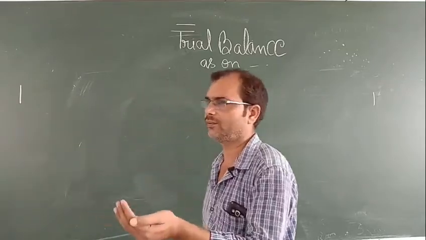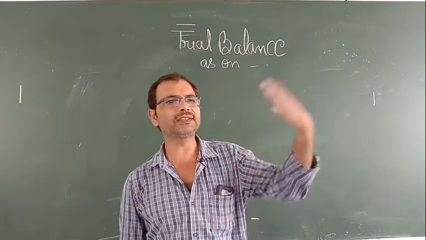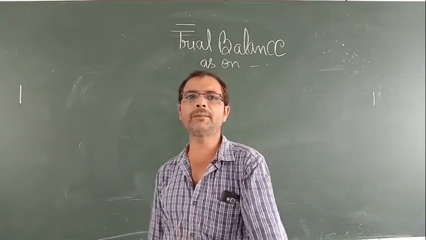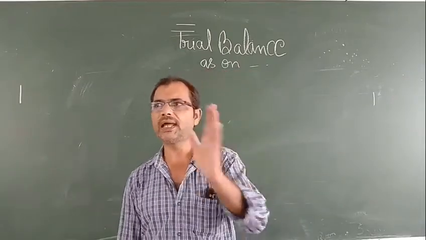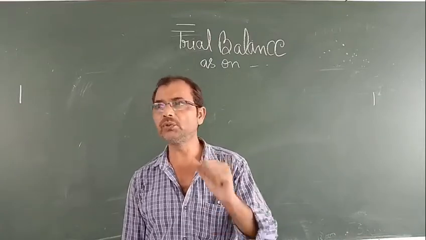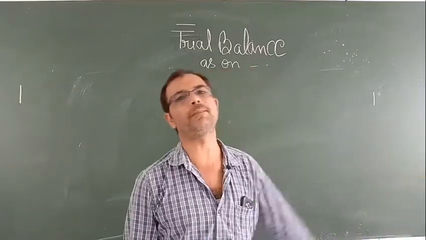But it is a long process. We will learn after some time. In short, we should also remember that all the accounts have their own balances, and we should learn which account has which type of balance.